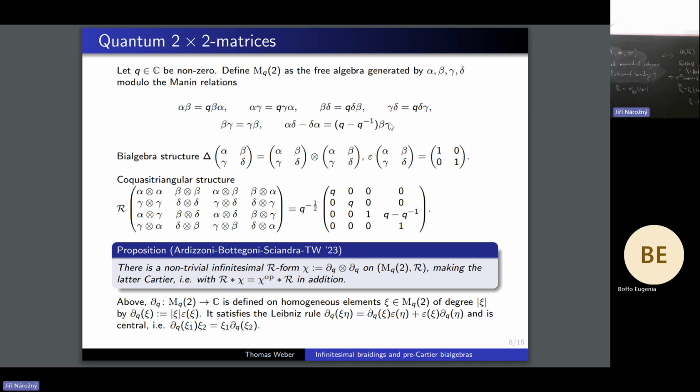And this even makes this tuple into a Cartier bialgebra. So you have this extra commutativity of R with chi. I should tell you what this partial_q is. It's rather simple. It just takes an element psi and maps it to epsilon psi, where we multiply with the degree of psi. You can show that it even satisfies the Leibniz rule and is a central element. Okay, next slide.